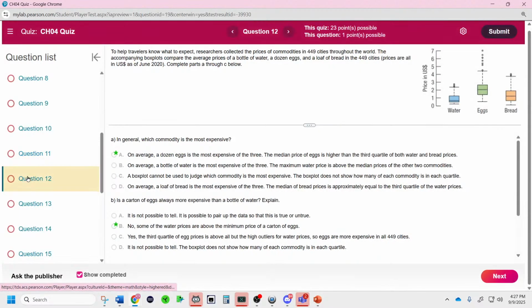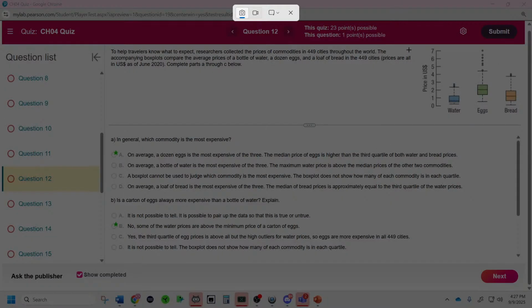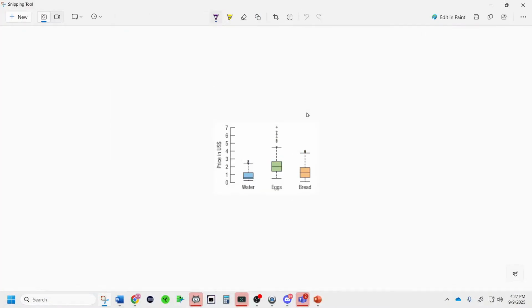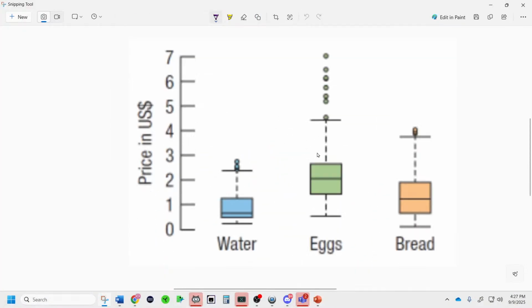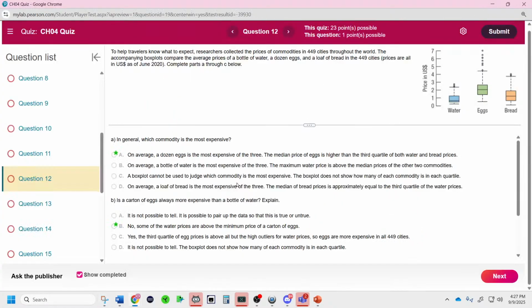Here, we'll do the next one too. In general, which commodity is the most expensive? Once again, it's eggs. Is a carton of eggs always more expensive than a bottle of water? This doesn't say for each country. It's just, is it always? I always think this one's the weird one.